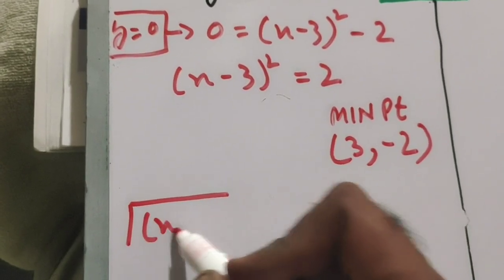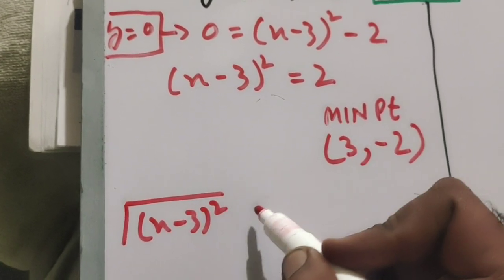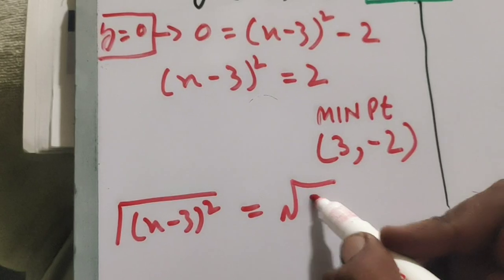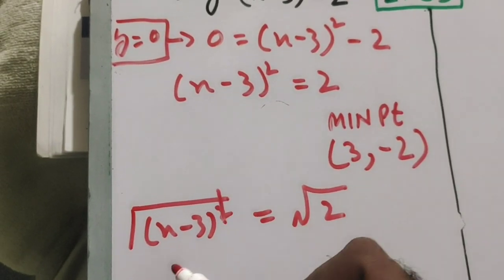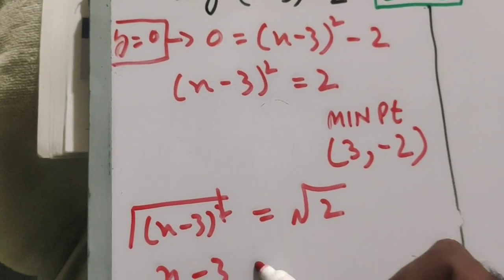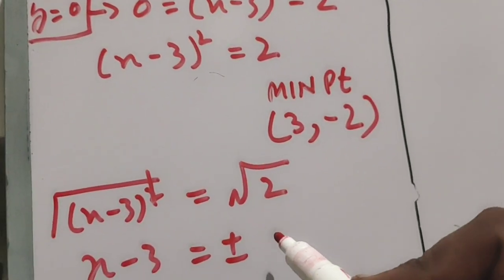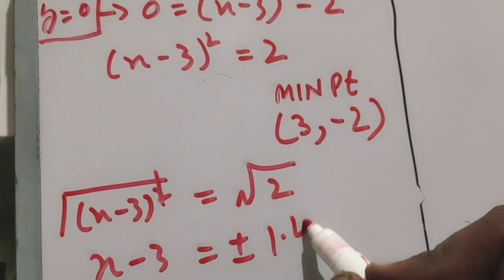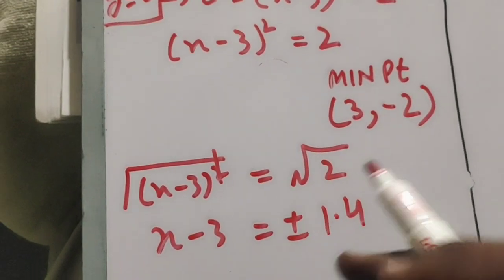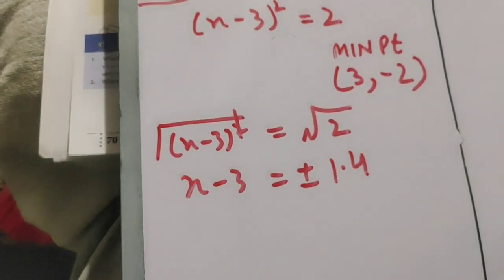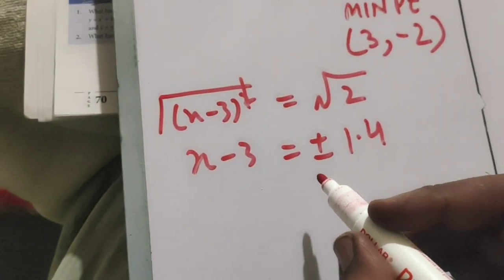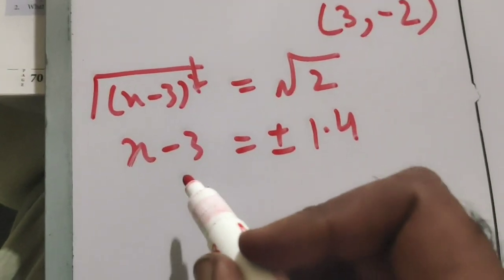Under root (x minus 3) whole square and under root 2. The square root cancels the square, so x minus 3 is equal to plus minus under root 2, which is 1.4.